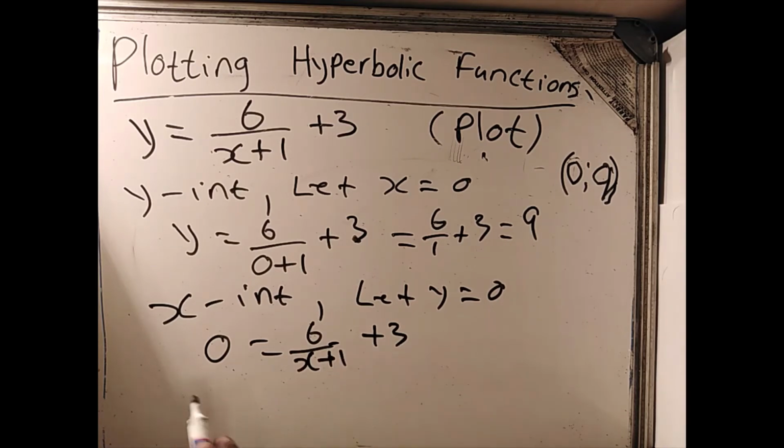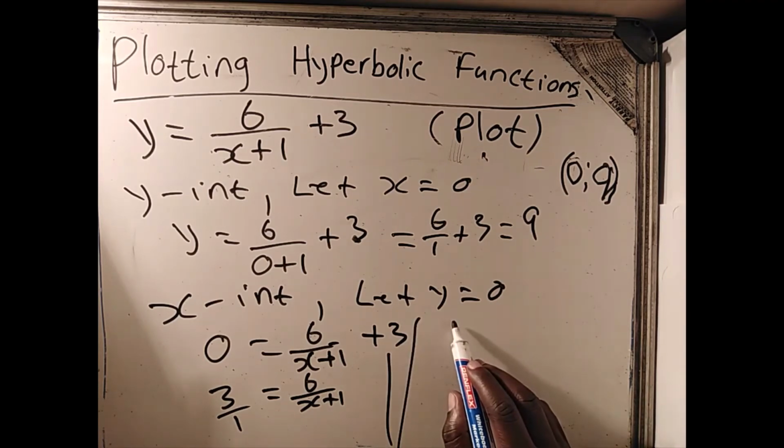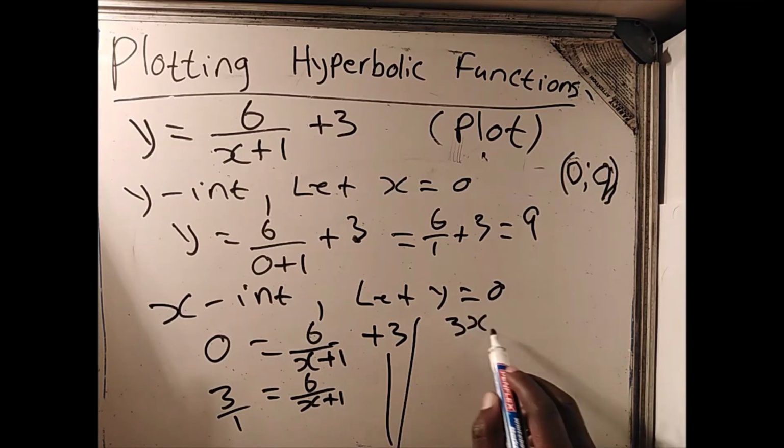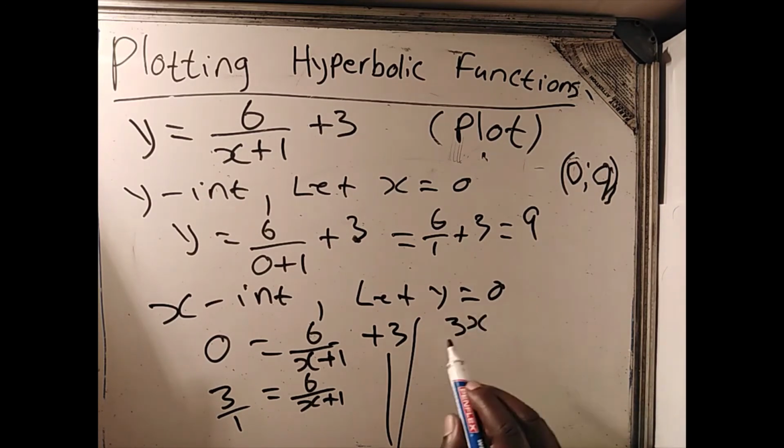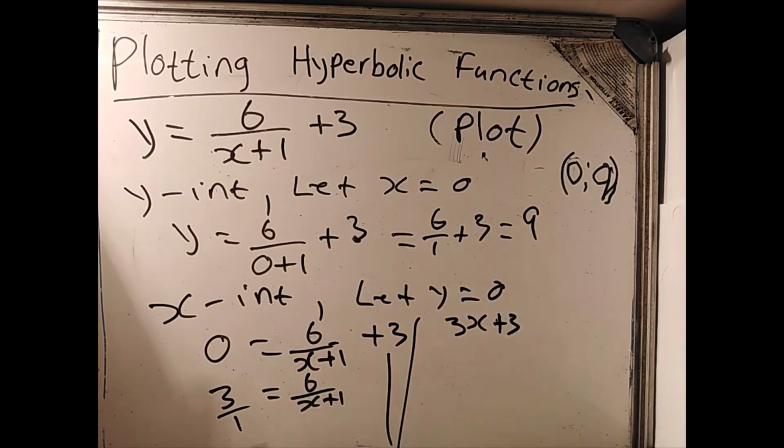You take this 3 to this side, and then you get 3 is equal to 6 over x plus 1, and then you need to cross multiply here. When you cross multiply, you end up with 3x plus 3, because you multiply this and this, and then you multiply this and this, and then you get 6.